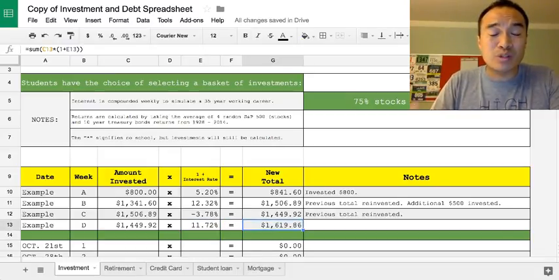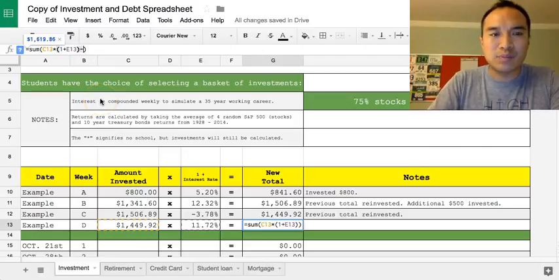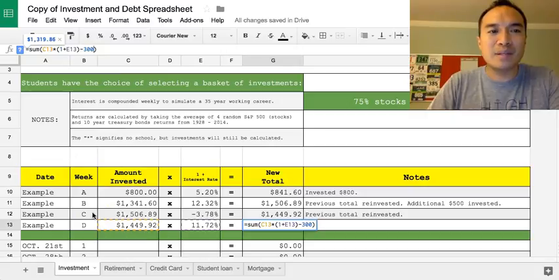And now we want to withdraw $300. So how are we going to do that? So I'm kind of focused right here. Here's this really kind of complicated equation. I'm going to put my mouse right there and type in minus 300. That basically means that I'm going to withdraw 300. So I'm going to subtract 300.